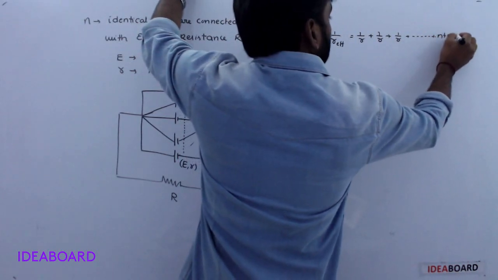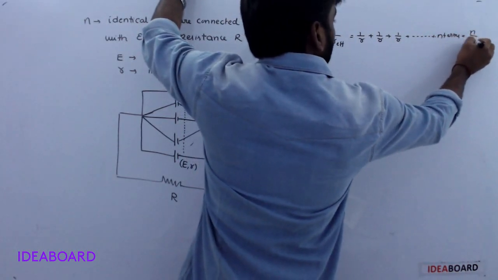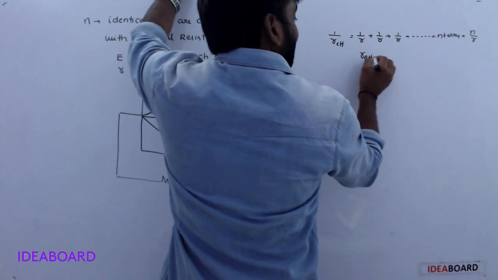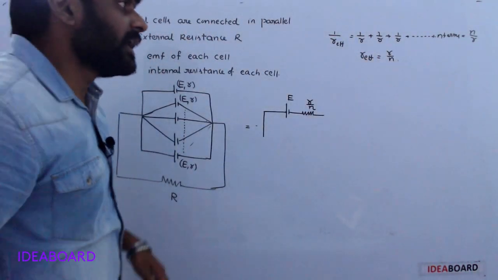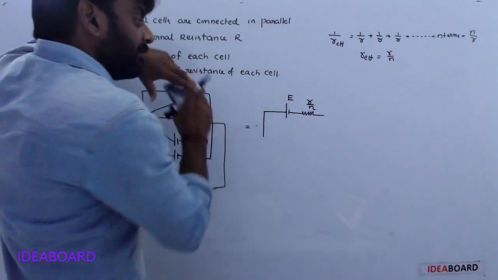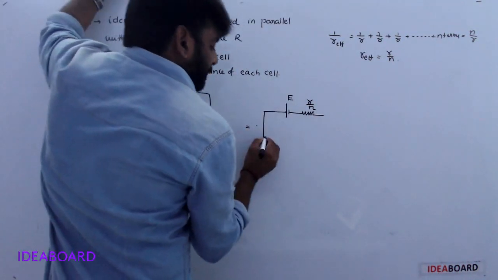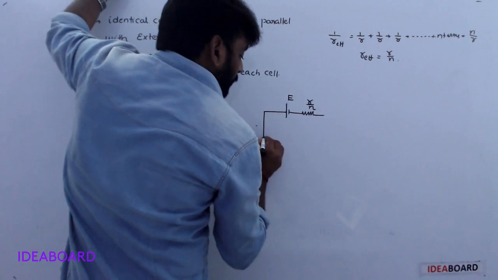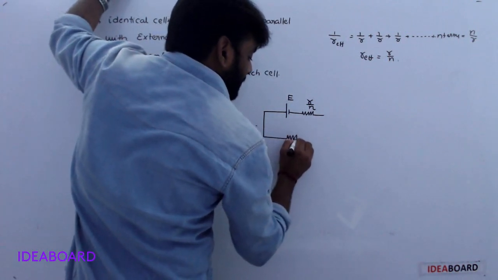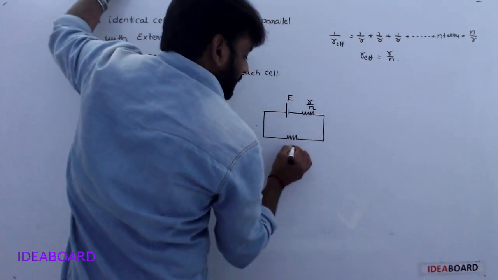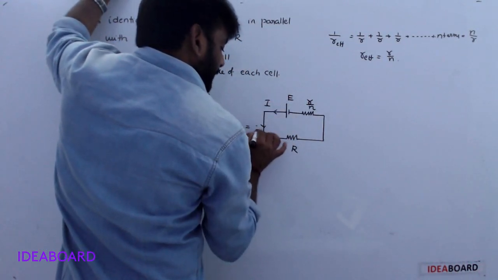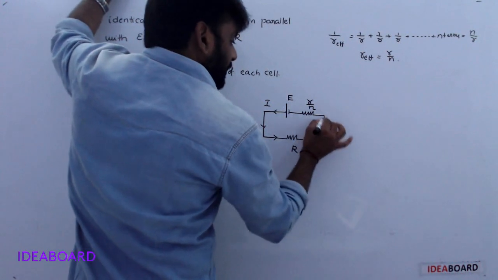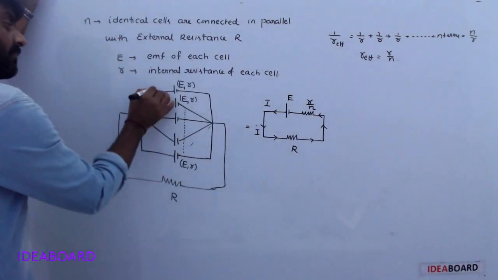N times means N by r. Now the internal resistance is r by N. EMF is the same. External resistance is R. Passing current is I through the resistor.